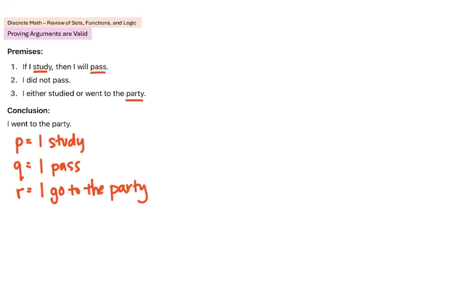So if we were going to rewrite the premises 1, 2, and 3 with a conclusion, which is this therefore statement, 1 says, if I study, then I will pass.